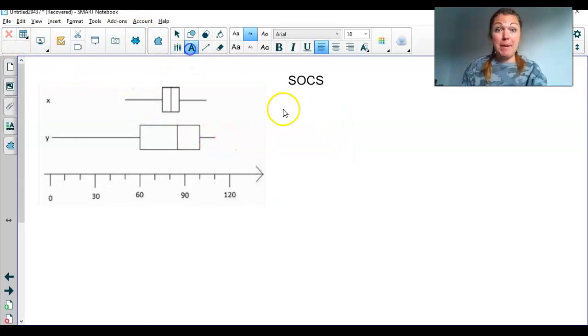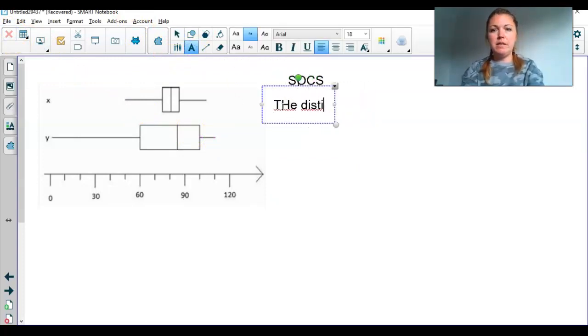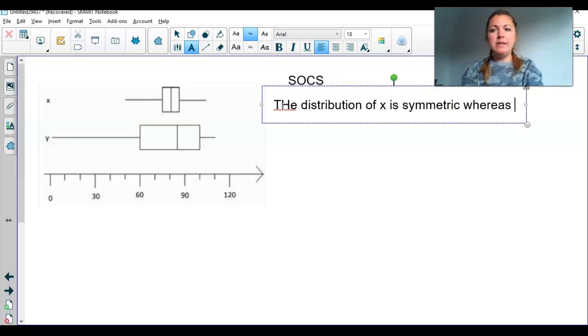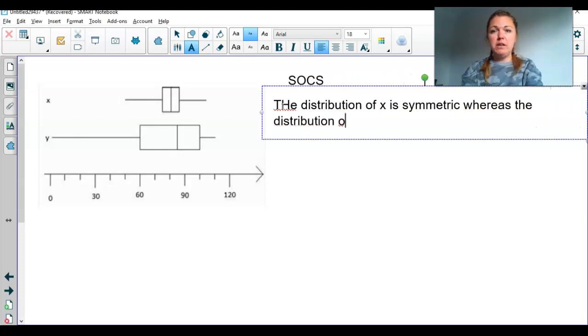Okay, so I'm going to type it out for us. The distribution of X is symmetric, whereas the distribution of Y is skewed left. Okay, let's talk about the outliers for SOCS.